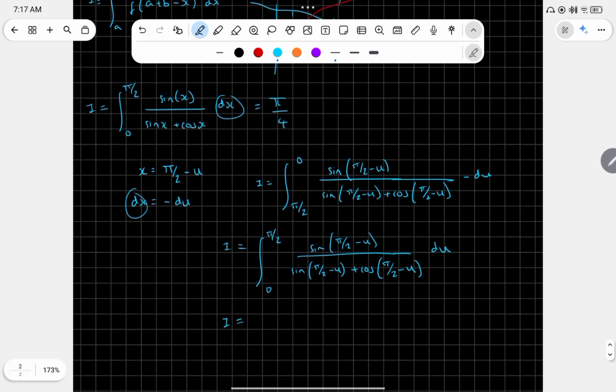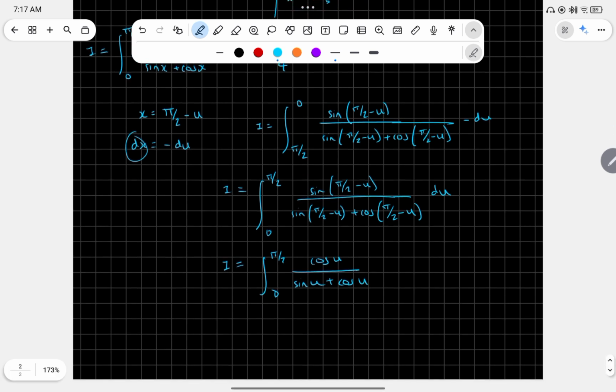So again, this simplifies down to cos u over sine u plus cos u du. And because this is just a variable change, I is also equal to the integral from 0 to pi over 2 of cos x over sine x plus cos x dx. I just changed all the variables into an x.